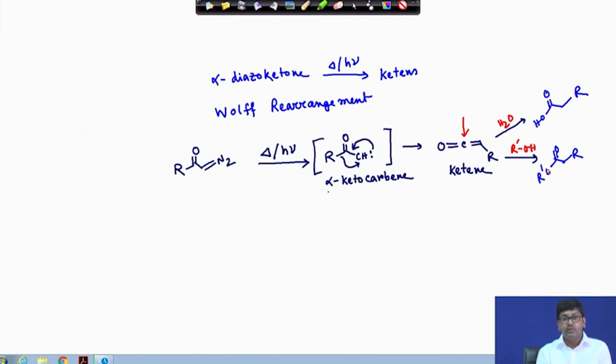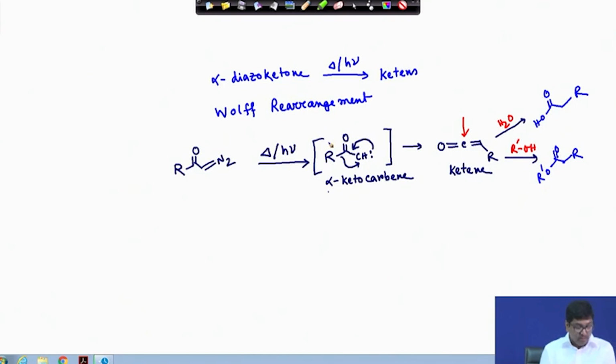So, in this way we can generate the ketene from an alpha diazoketone, and after generation of this ketene, that can proceed to carboxylic acids or esters. So, this is called the Wolff rearrangement, where the ketene is forming.